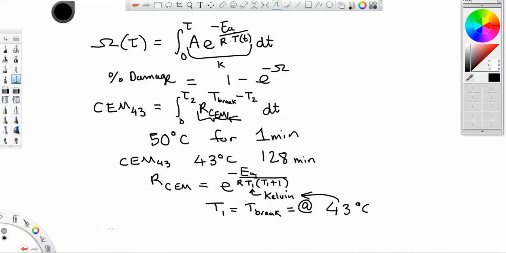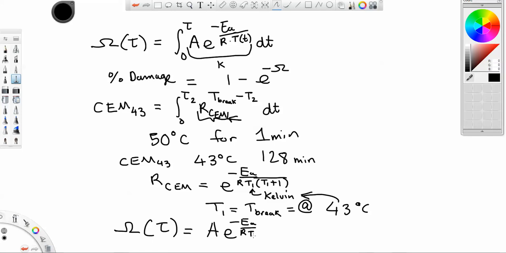And once you have these, the CEM, you can find the damage. Basically, now remember this is a constant temperature comparison at 43. So the damage equation becomes just a function of time now, where you have a constant temperature, so it makes it really easy. It becomes e to the minus EA over RT.